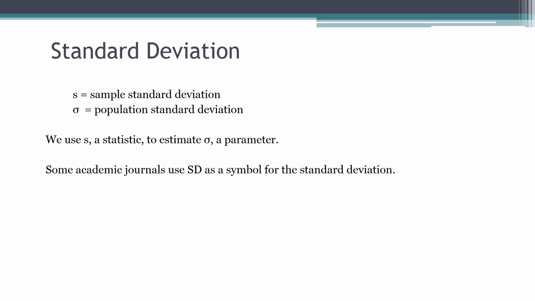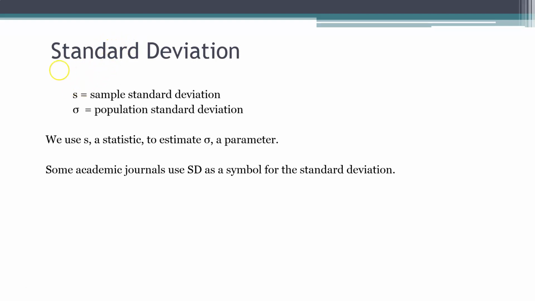Just like when we were looking at the sample mean and the population mean, and they had different notation, we had x bar being the sample mean and mu being the population mean. With the standard deviation, we've got the sample standard deviation, which is just an S. It can be lowercase or uppercase; I've seen it both ways.